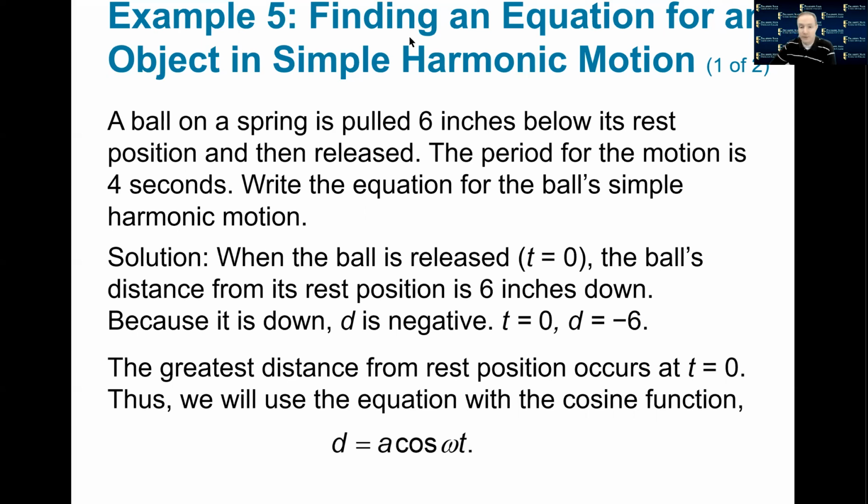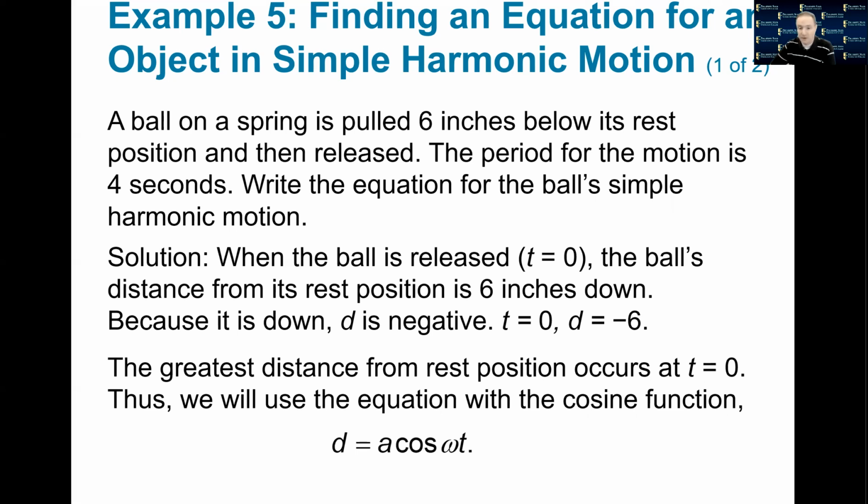Write the equation for the ball's simple harmonic motion. Okay, so when the ball is released at time 0, the ball's distance from its rest position is 6 inches down. Because of that, we know a is negative. The displacement initially at time 0 is going to be -6. The greatest distance from that rest position has to occur at time 0, just like it does on the cosine function.